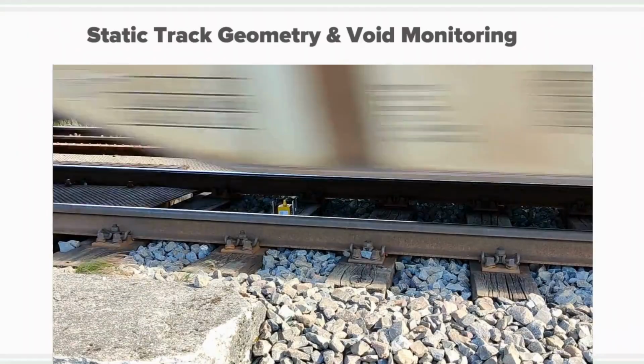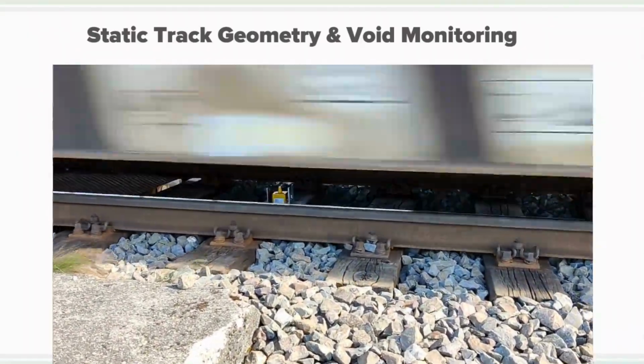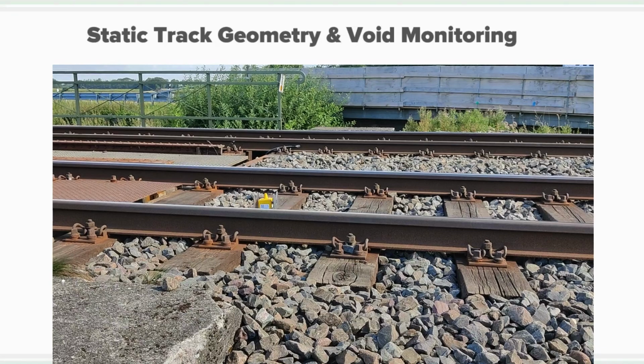The sensors are wirelessly connected to a gateway, and will report their maximum movement every time a wheel is deflecting the rail. In this case, this was a freight train, and we will get the data, and the data will be analyzed in the software.